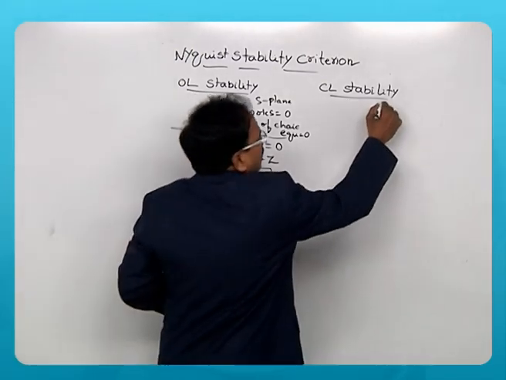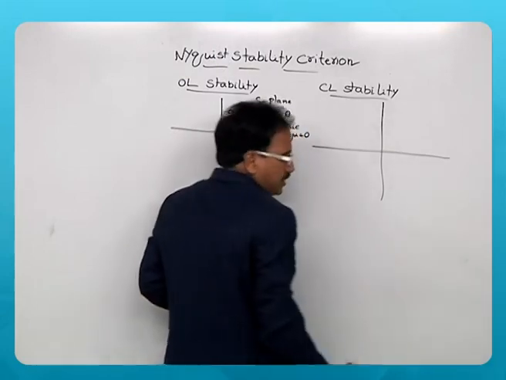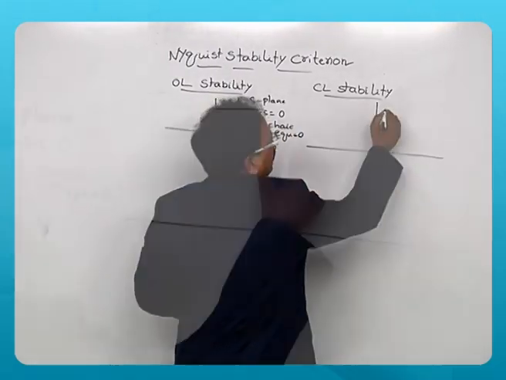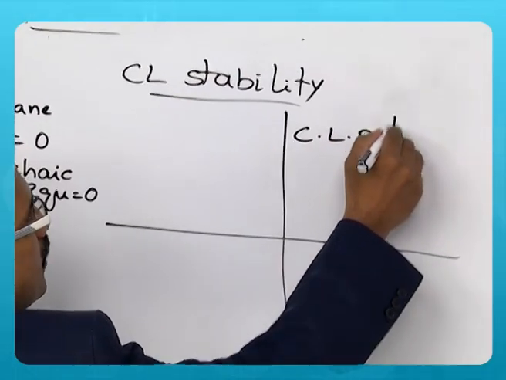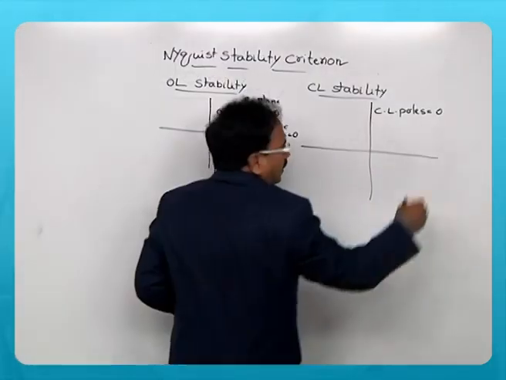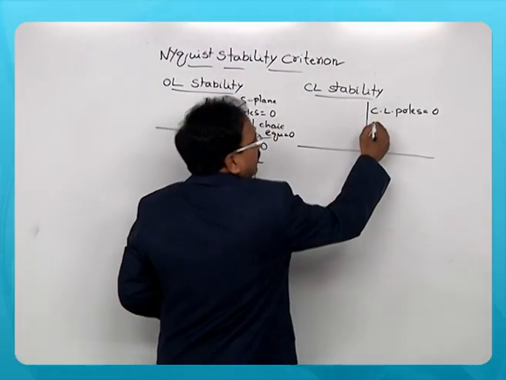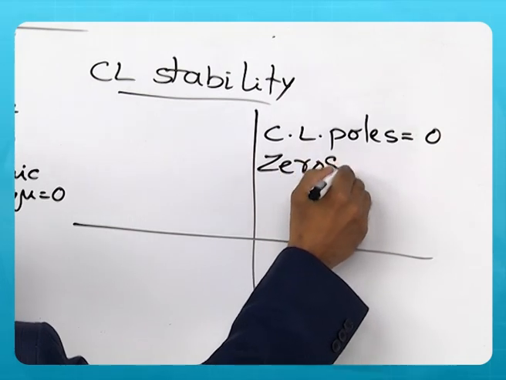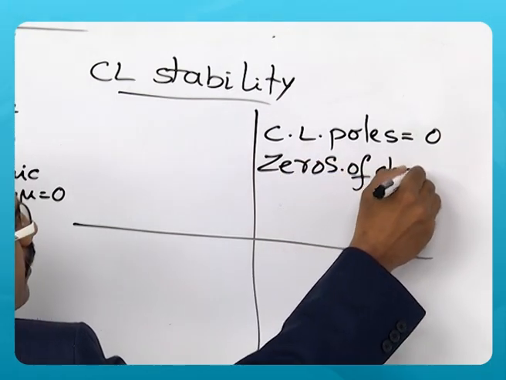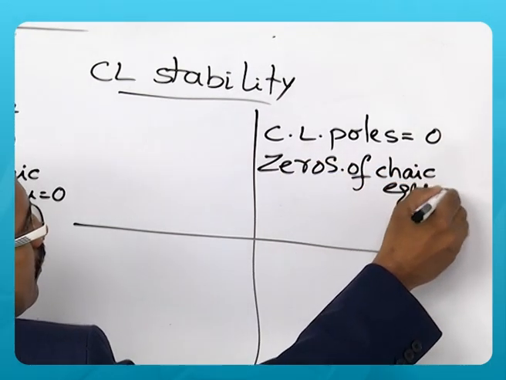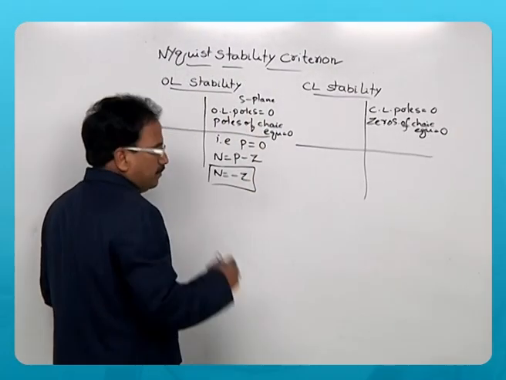When you look at the closed loop system stability, closed loop poles must be 0 in the right half of the S-plane. It is nothing but zeros of the characteristic equation equal to 0.